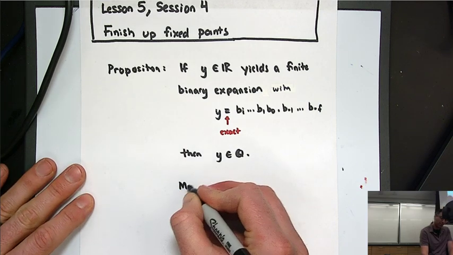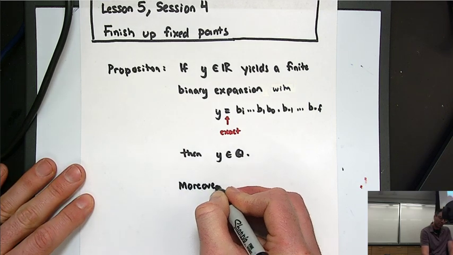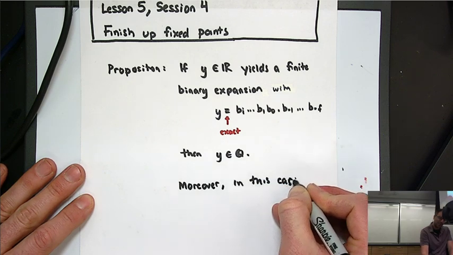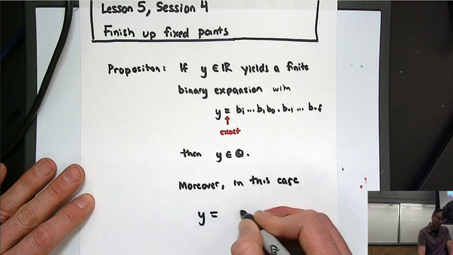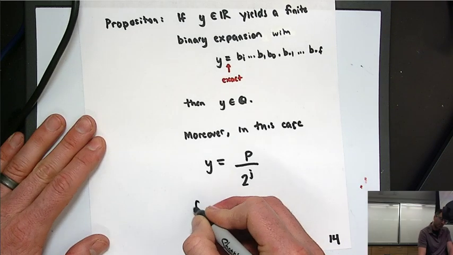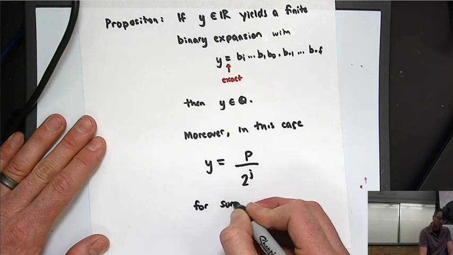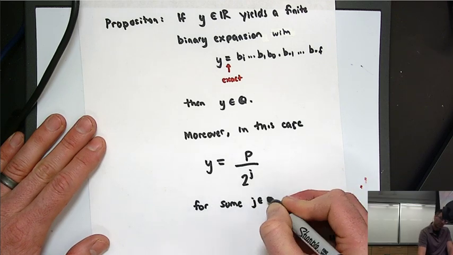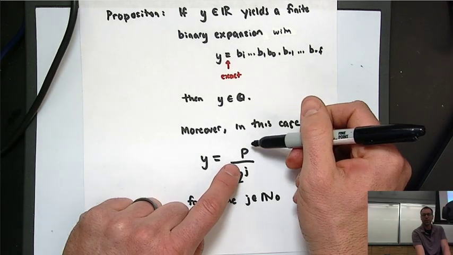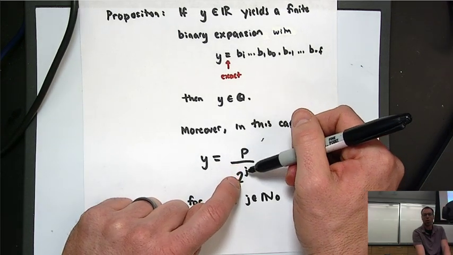Moreover, in this case, we can write y as a fraction, some integer over a power of 2.